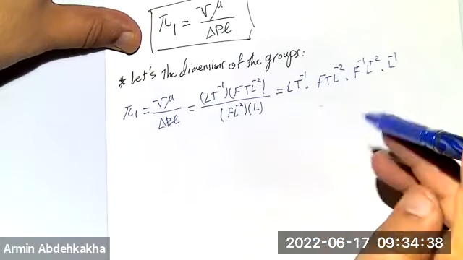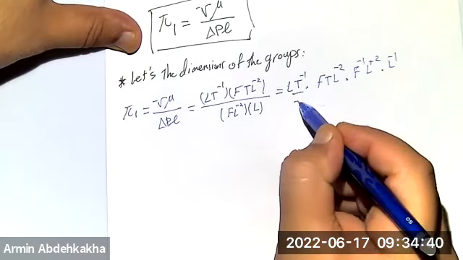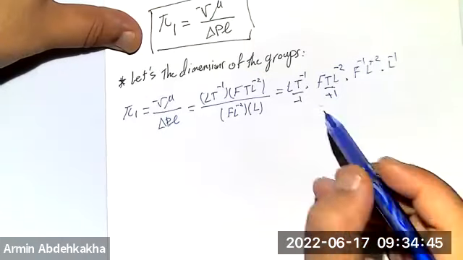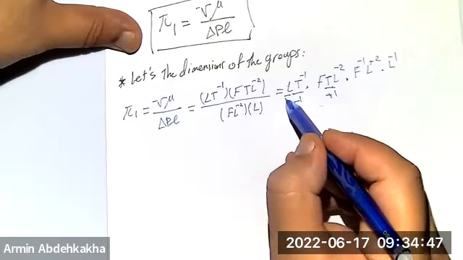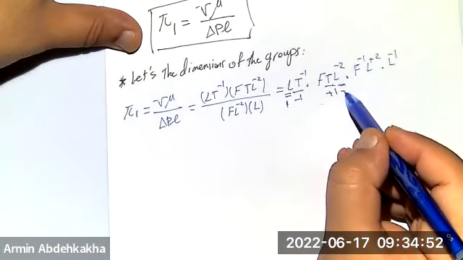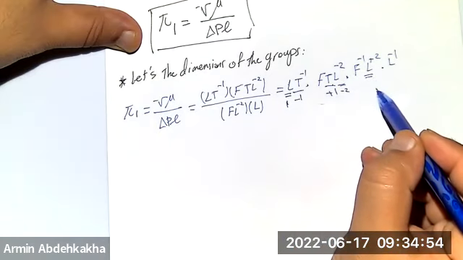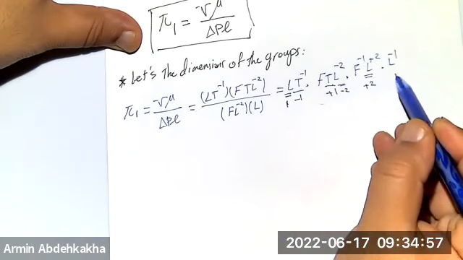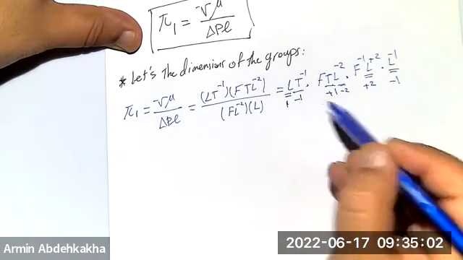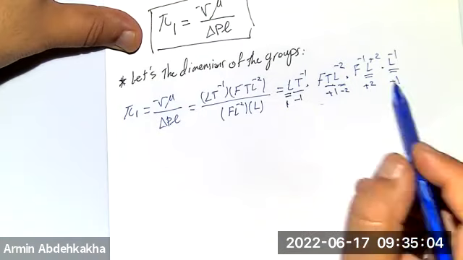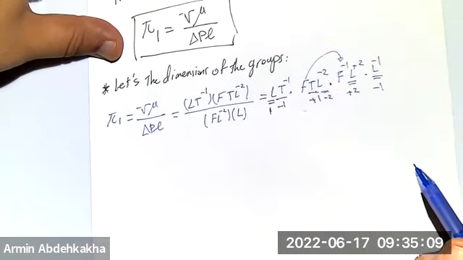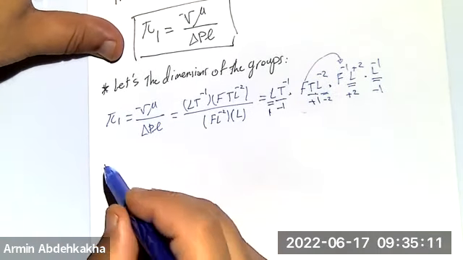Let's write it here. This is minus 1 and this is plus 1, so these two are canceled out. The second one is 1, minus 2, plus 2, minus 1. Minus 1 plus 2 minus 2 and 1. These are going to cancel out. And also F is canceled out with this. Okay, so these are unitless.